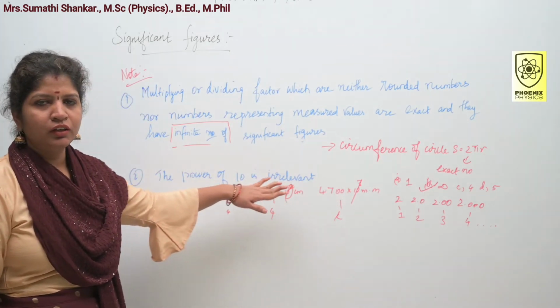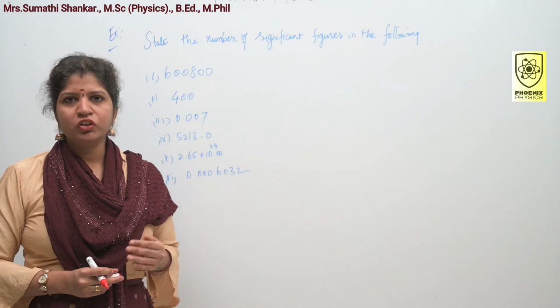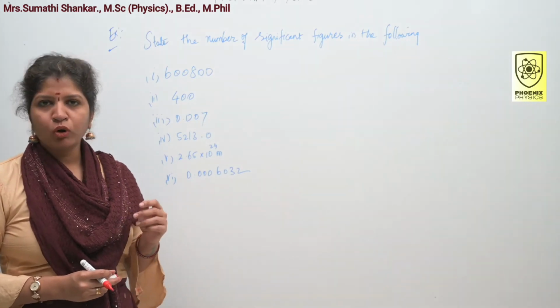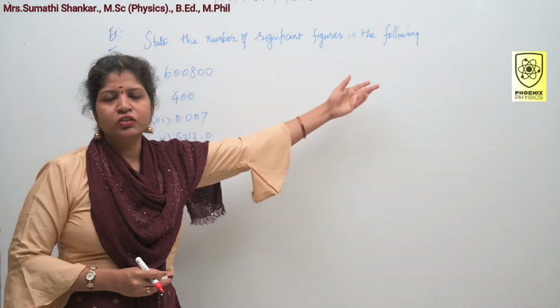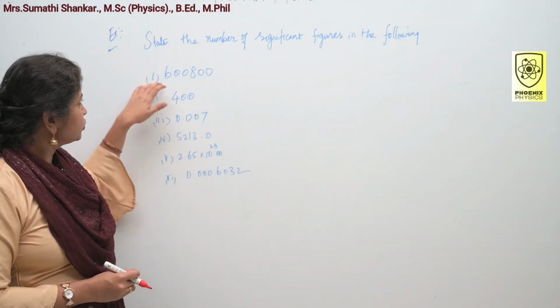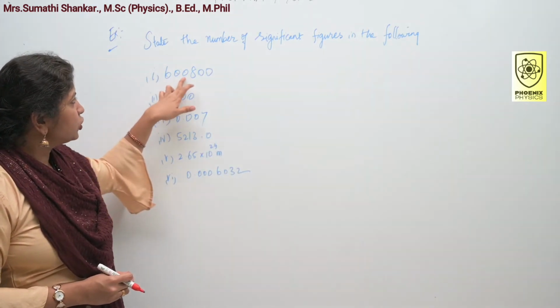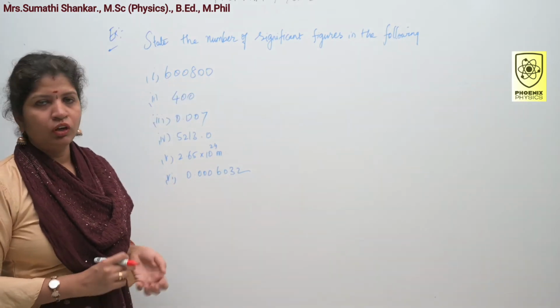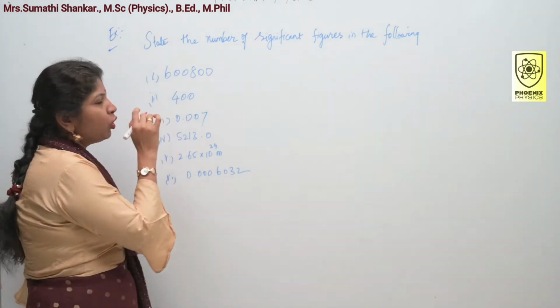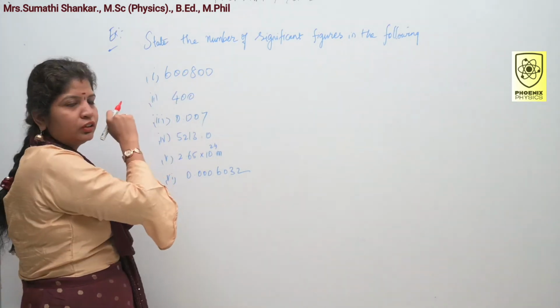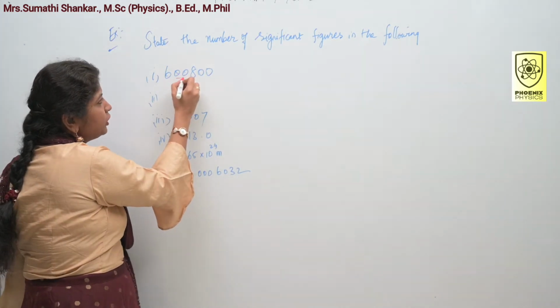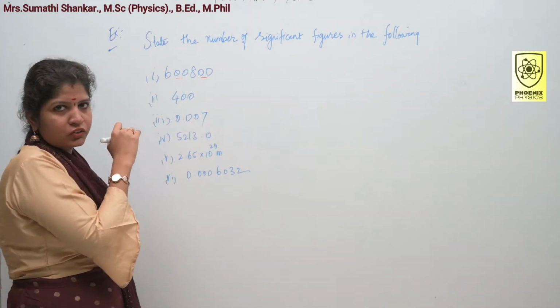Up to this clear? Based on our previous discussion, one example problem is given. State the number of significant figures in the following. First one is 600800. Now tell me how many significant figures are there in the number. These two are in between zeros and these two are trailing zeros.